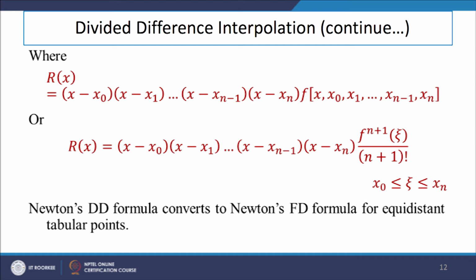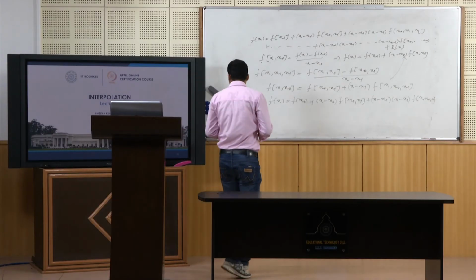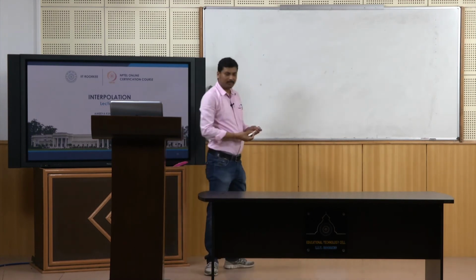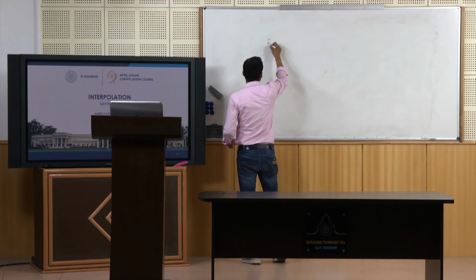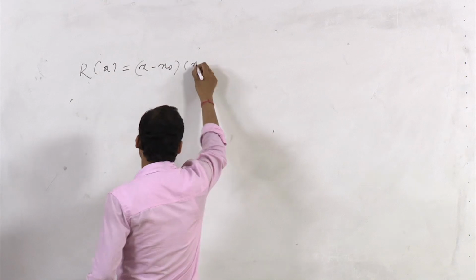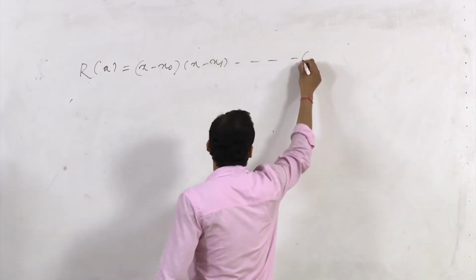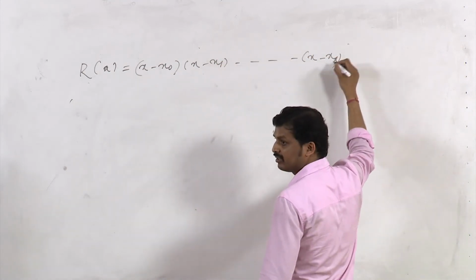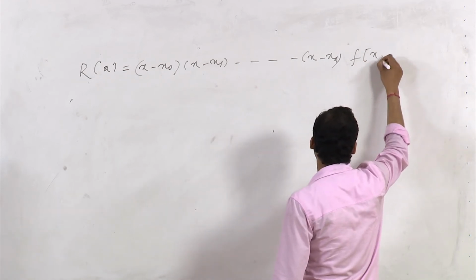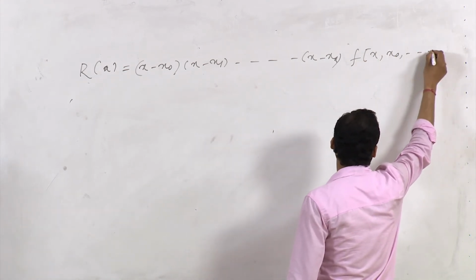So, if I just write this r of x term, like our earlier error term expansion, I can write this error term as r of x equals x minus x0, x minus x1, to x minus xn, and the last term can be written as f of x0 to xn.